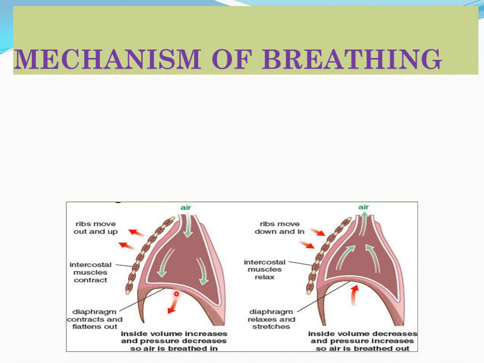This dome shaped organ moves in a downward direction to become flat, so that this volume will be acquired by the lungs. So in this way, the diaphragm contracts and flattens out. So the inside volume of the lungs is increased, and pressure decreases, so that air can be breathed in easily.